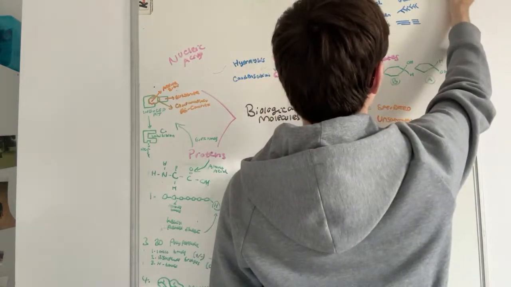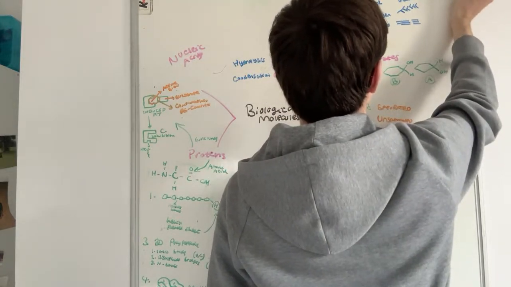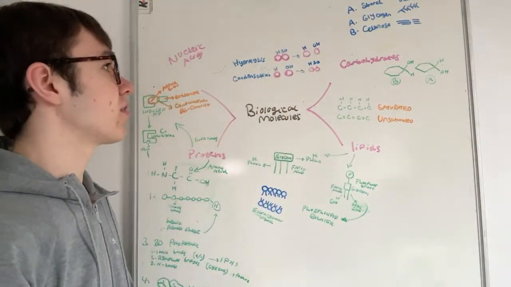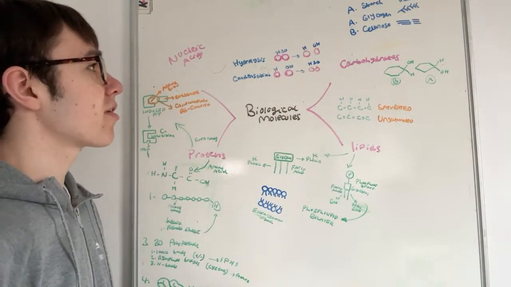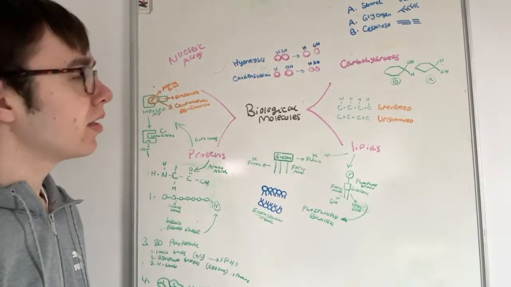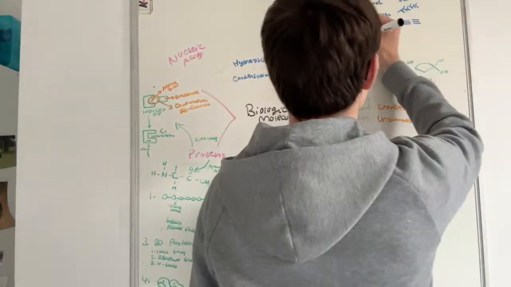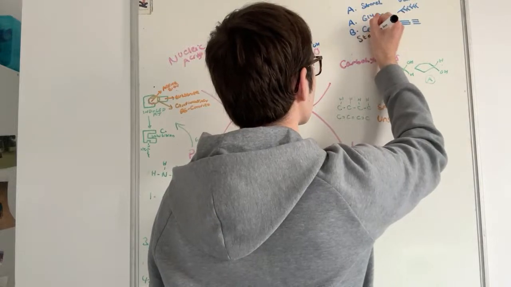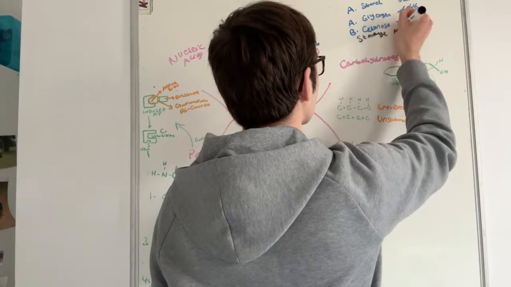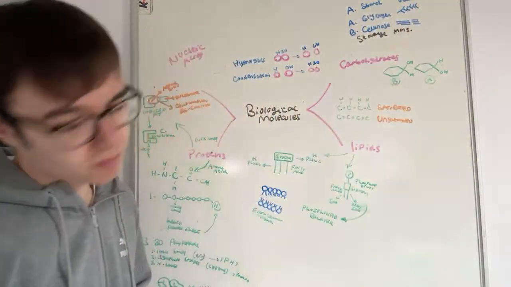Amylose is that, amylopectin is that. Glycogen is highly branched for enzymes to hydrolyze the bonds to allow for easier energy release. Storage molecules.